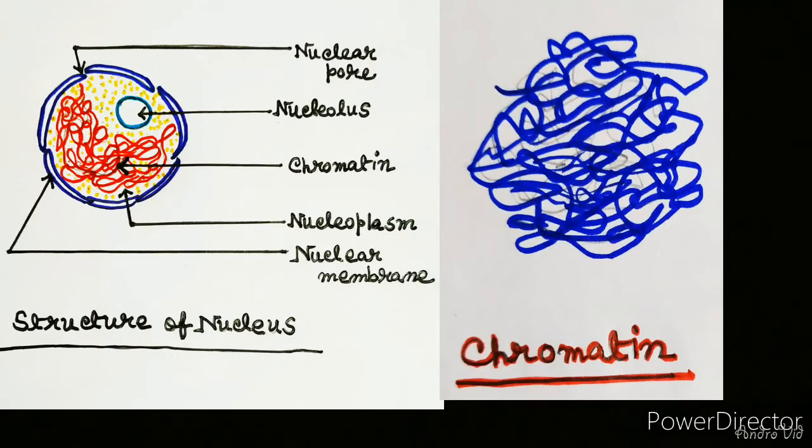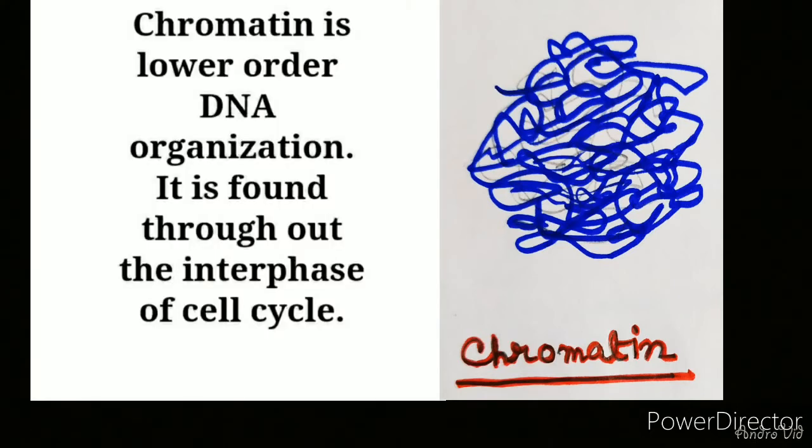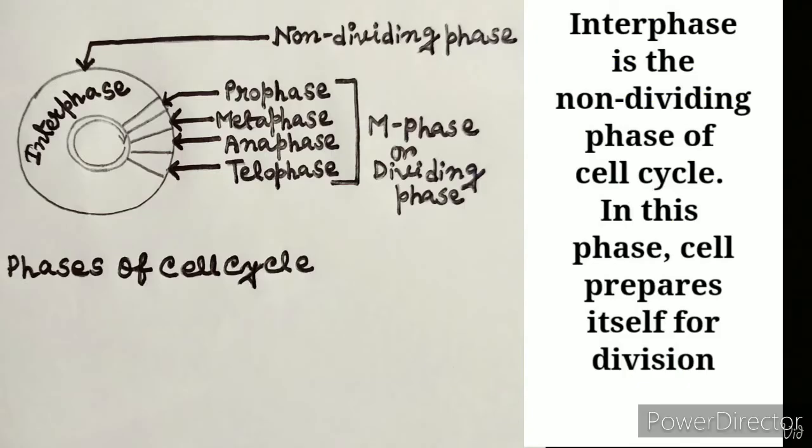Chromatin is a lower order of DNA organization and it is found throughout the interphase of cell cycle. The interphase is the non-dividing phase of cell cycle, and in this phase the growth of the cell takes place and the cell prepares itself for the division. So it is a very important phase and the cell enters this phase before the division.